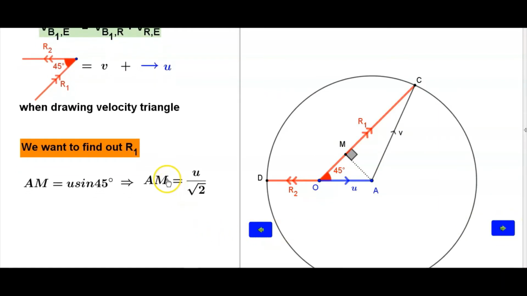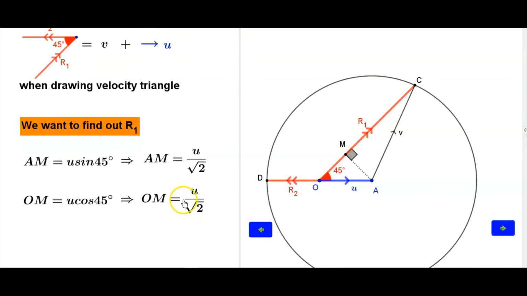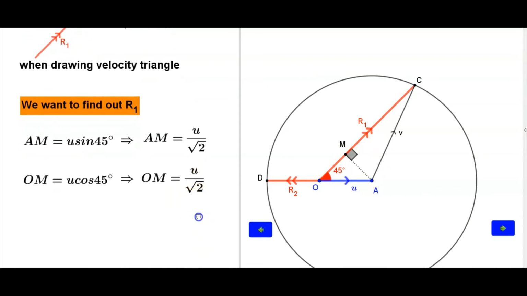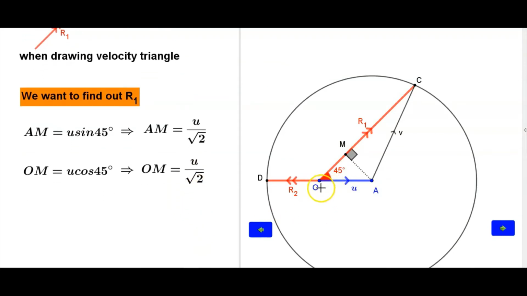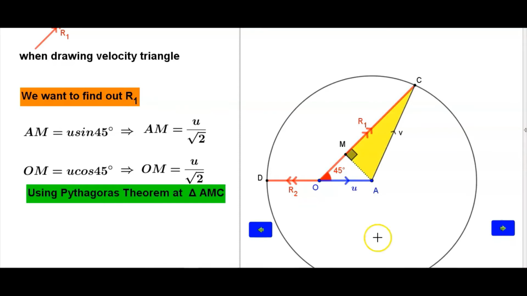Therefore AM is equal to u over root 2. And OM is u cos 45, therefore OM is also u over root 2.